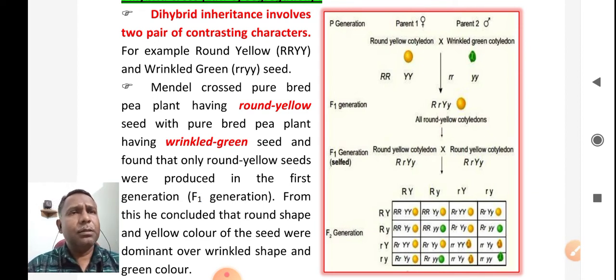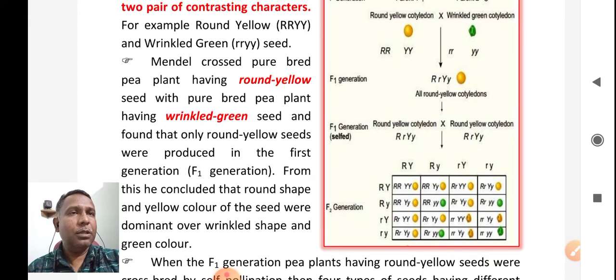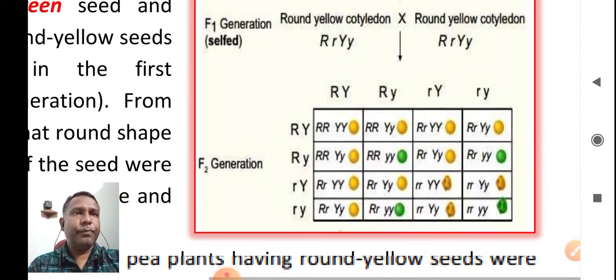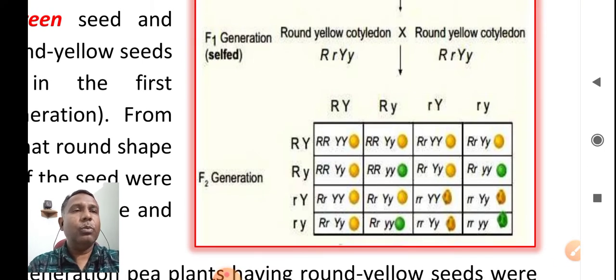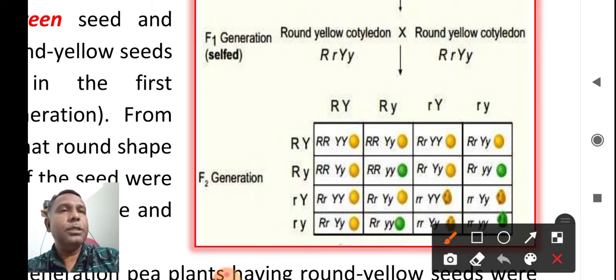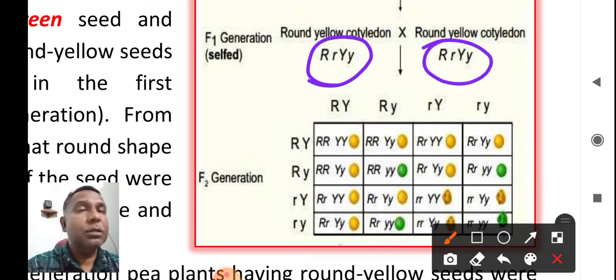Now we are discussing the F1 generation round yellow cotyledon plants. These are hybrids, capital R small r, capital Y small y.